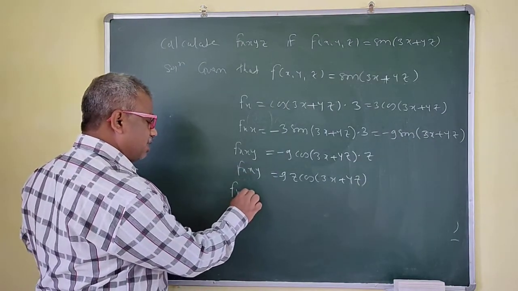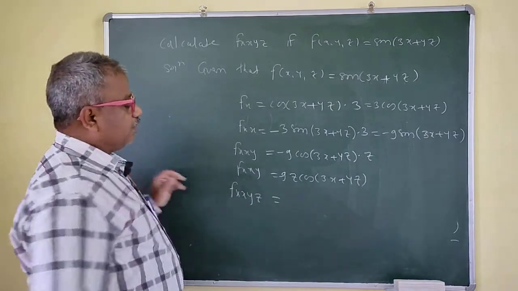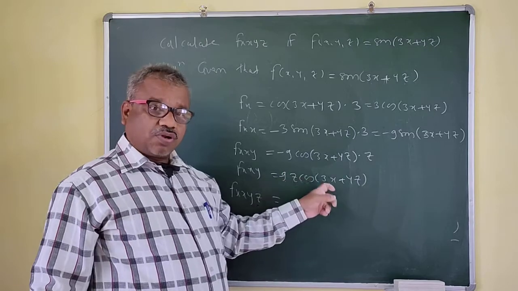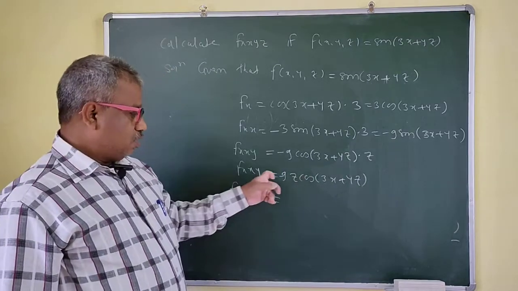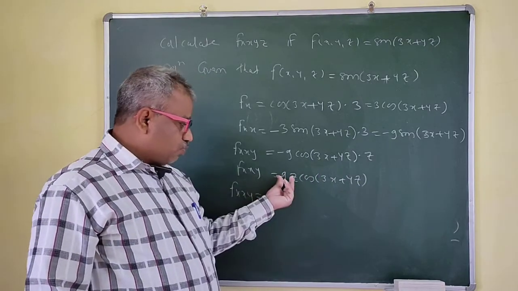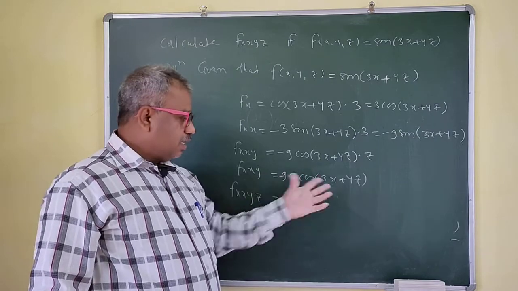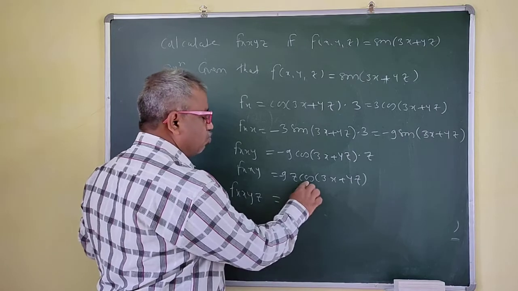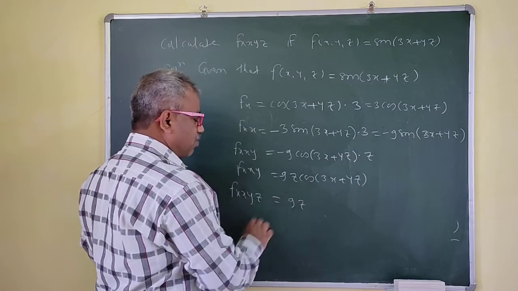So fxyz. Now see here, there is z and here is also z. That means this is the product of two functions, so you have to apply the product rule. First we will keep minus 9z as it is and differentiate the cos. You know that the derivative of cos is minus sine, so minus minus becomes plus.